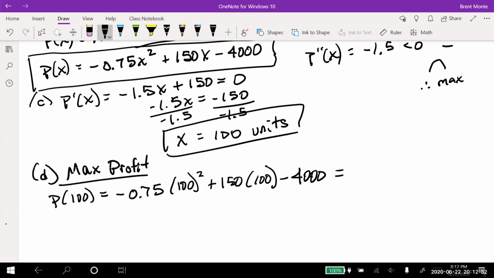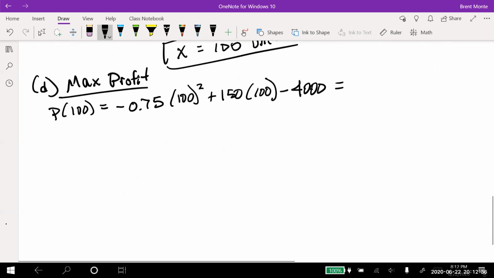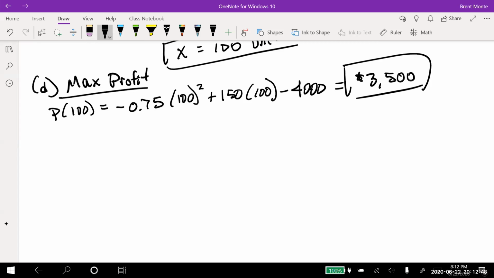I get $3,500. So there's my maximum profit, $3,500. And then E says, well, how many suits do we make?